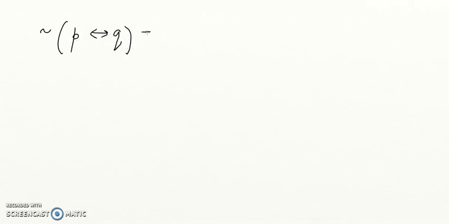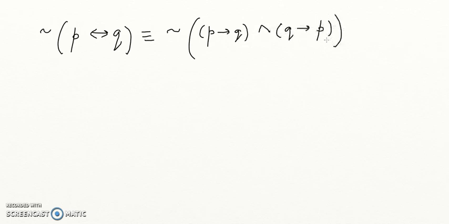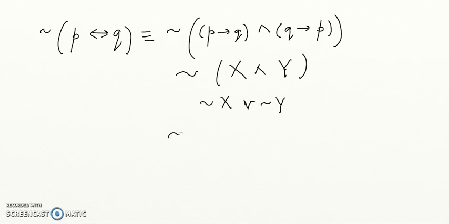Mind you, here we are trying to negate if P then Q and if Q then P. And we have already learned that if we negate two statements connected by the AND connective, it becomes not X or not Y. So in a similar way, it will become not if P then Q or not if Q then P.